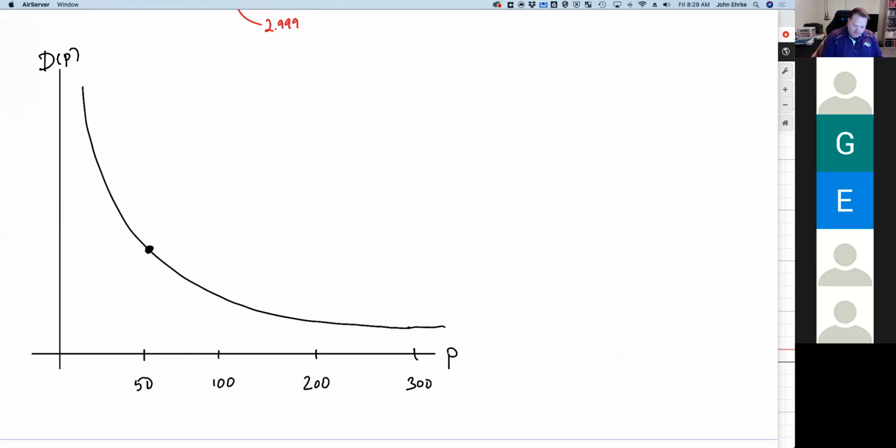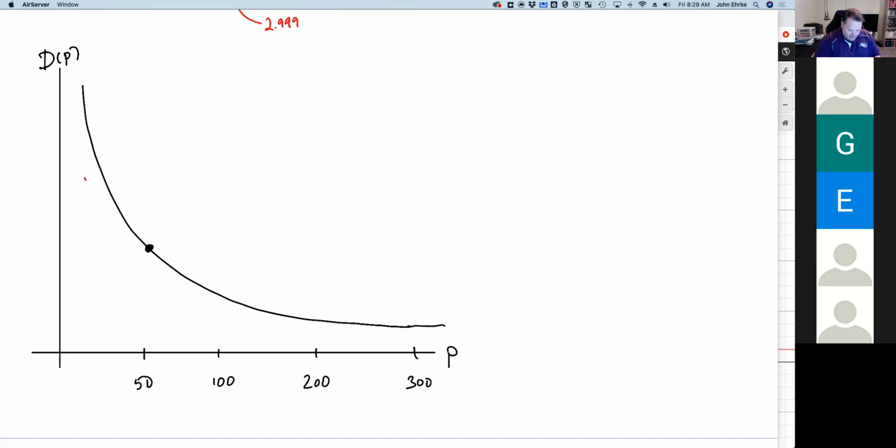Now, the instantaneous rate of change at 50 is a tangent line. So here's the tangent line at 50. It would look something like that. Here is the secant line, excuse me, between 100 and 200. So the average rate of change would be the slope of the line connecting those 2 points.